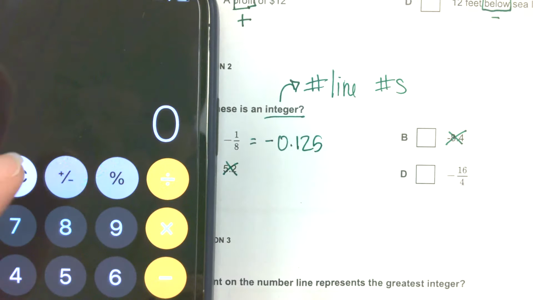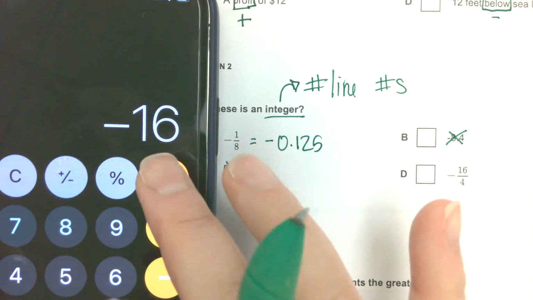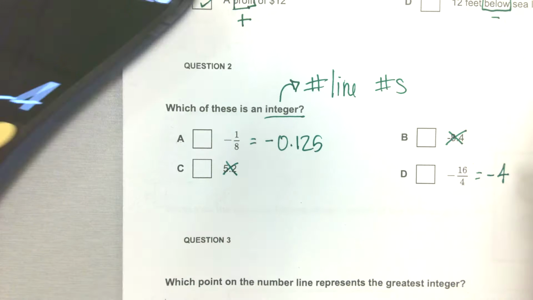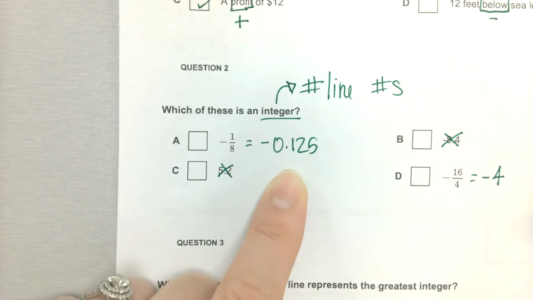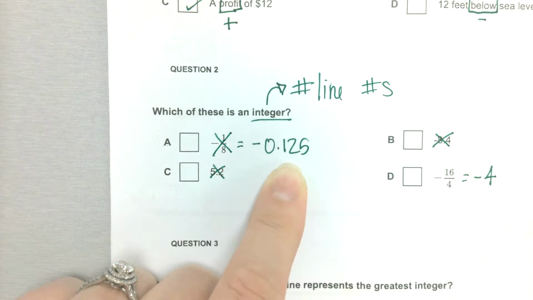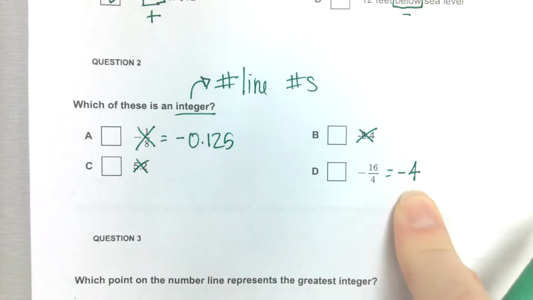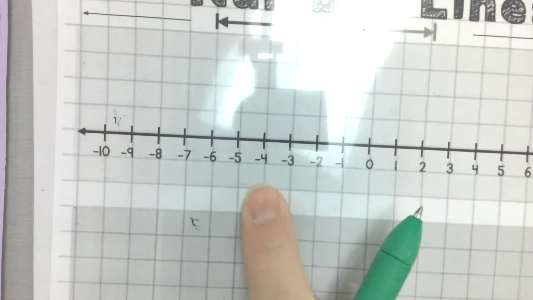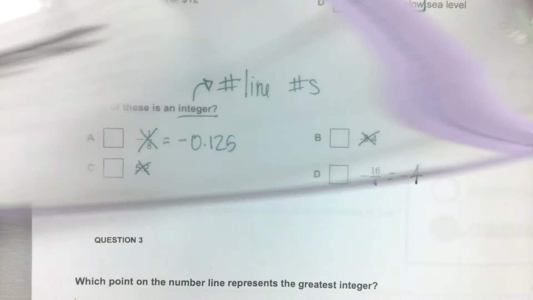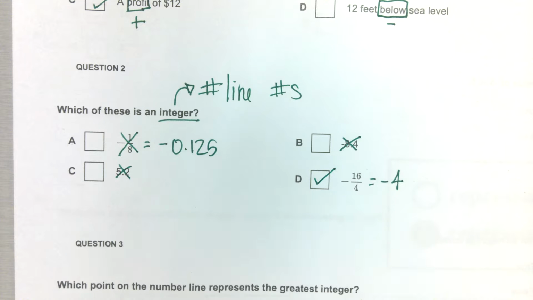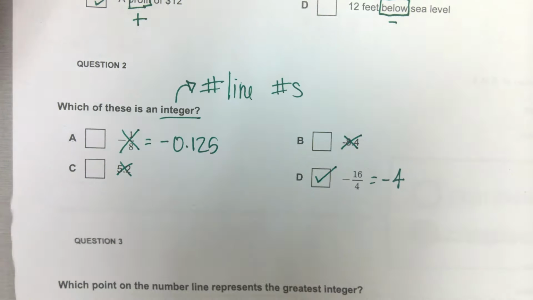If I type negative 16 divided by 4, that's equal to negative 4. That negative 1/8 simplifies to a decimal, so that is not an integer. But number 4, do we see number 4 on a number line? We sure do. So number 4 is our integer. Letter D there.